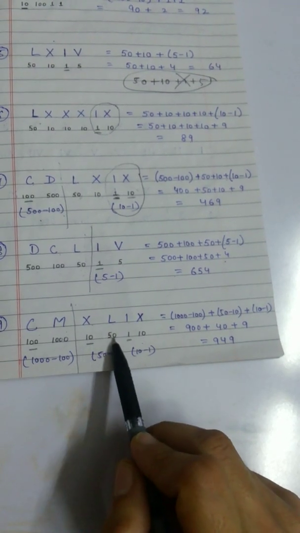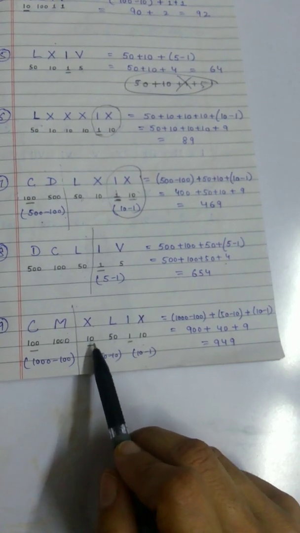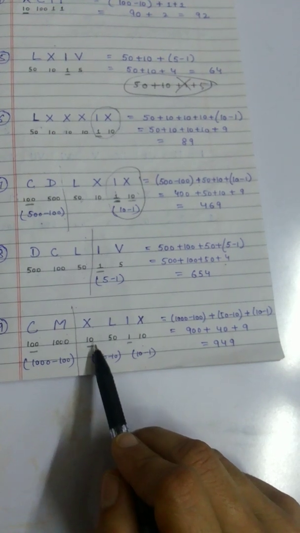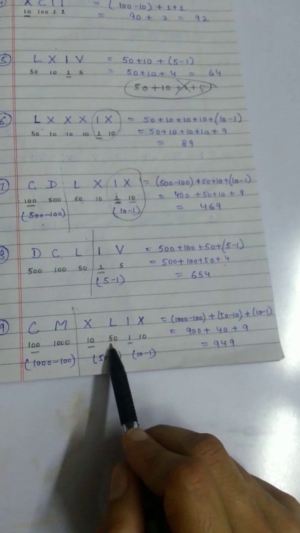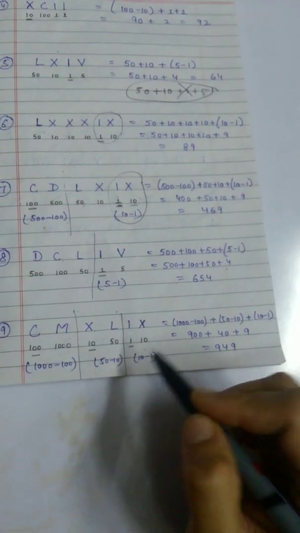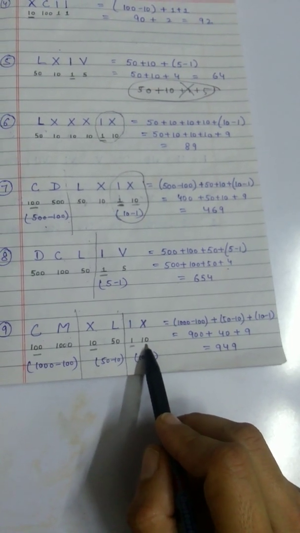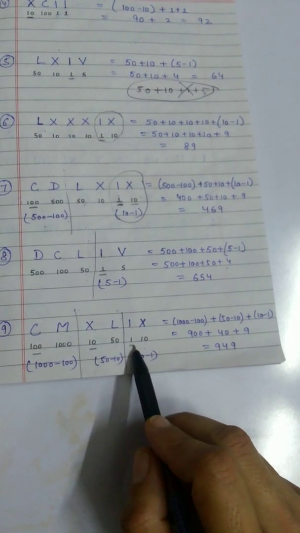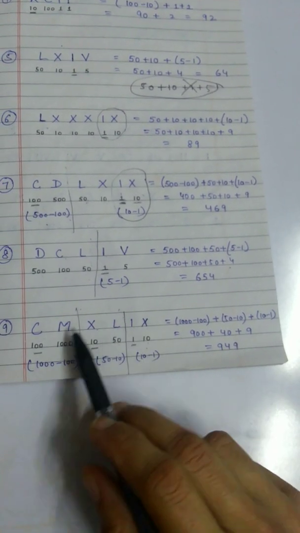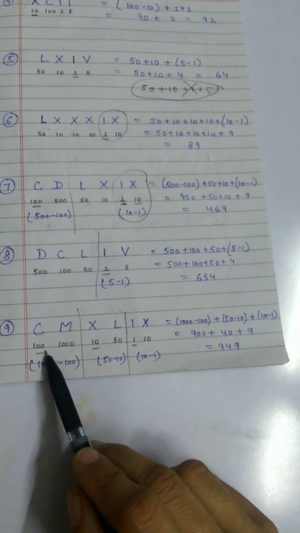Now again this is a smaller symbol on the left of a bigger symbol, right? So again it will be subtracted from 50, right? Again it is smaller, so it will be subtracted from this, or otherwise what we can see is 100 is smaller than 1000, so 100 will be subtracted from here.